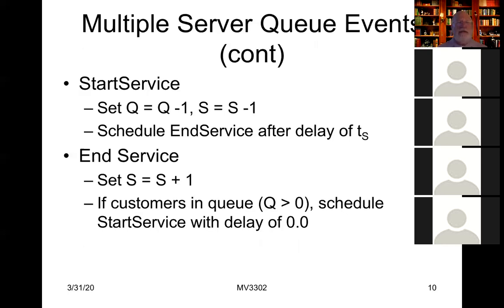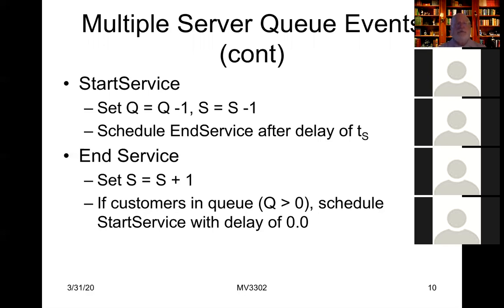Now, the start service event is the event that says the server is going to start service. So what does that do? That does 2 things to our state. Informally, you take somebody out of the queue and you remove one of the available servers. So the state transition for that would be Q is Q minus 1 and S is S minus 1.